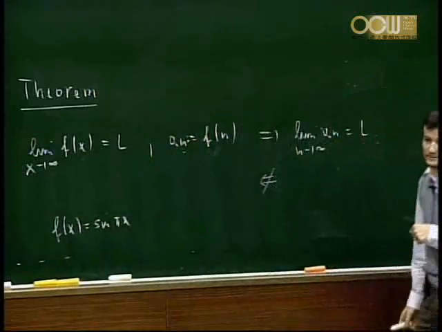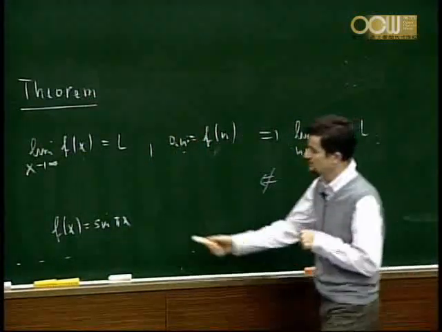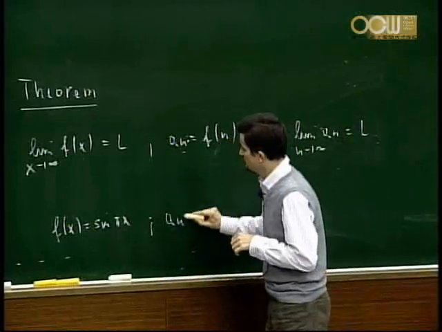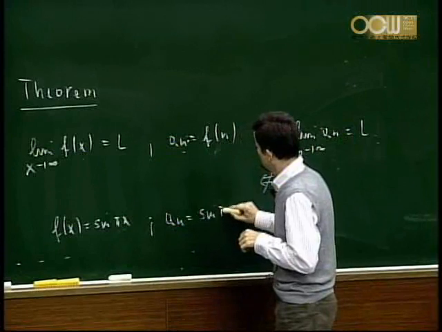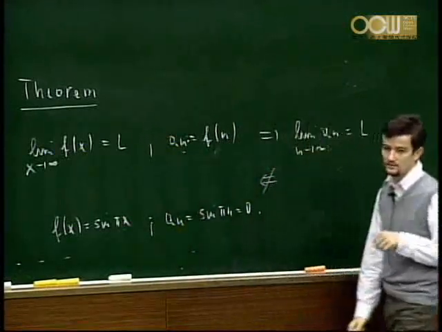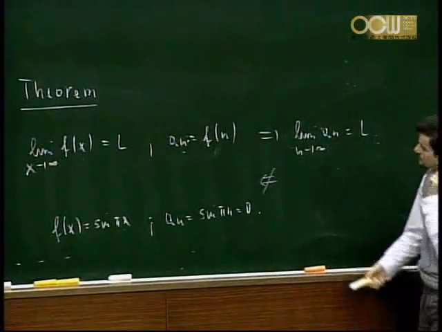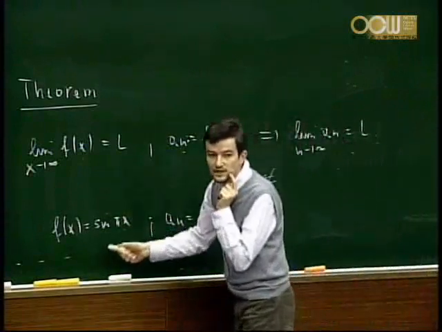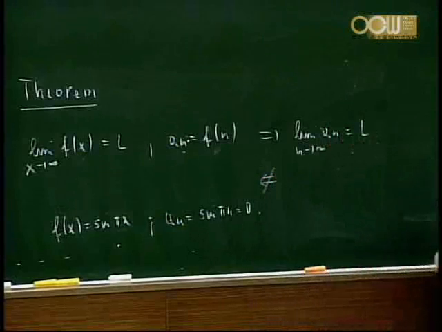For instance, if you look at this example, what is our sequence an? 0. So this sequence here will have a limit, but not this one. So the inverse is not true.